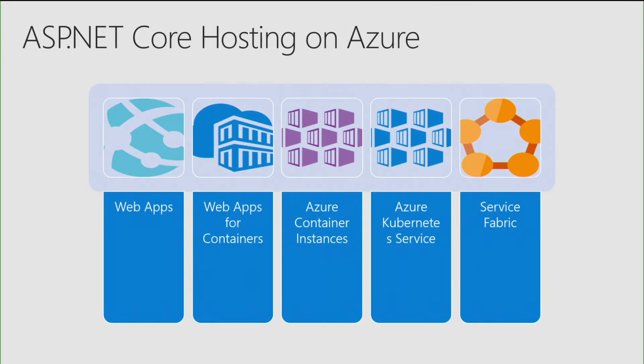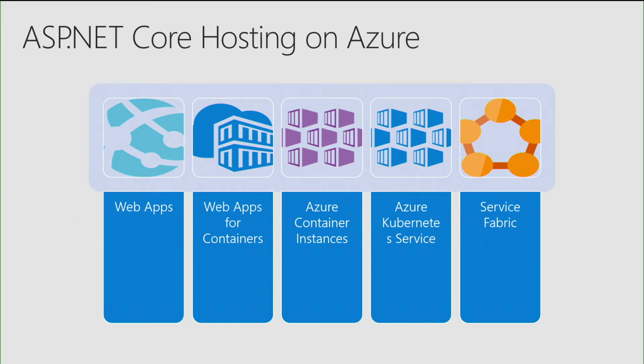Let's talk a little bit about getting our applications that we've built into the cloud, into Azure, and talk about the Azure portions of this presentation. We've got a lot of options when it comes to hosting, depending on your needs when it comes to putting your applications in the cloud. We have standard web apps when it comes to hosting, and then we've got web apps for containers.